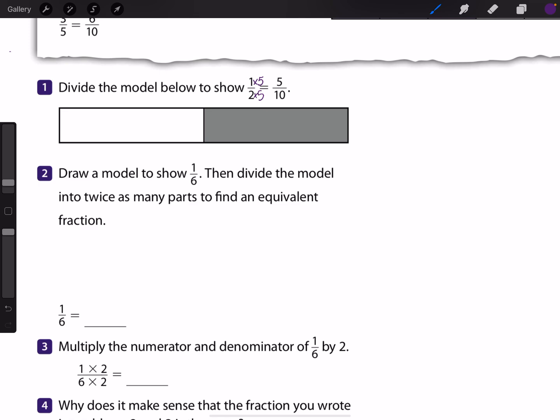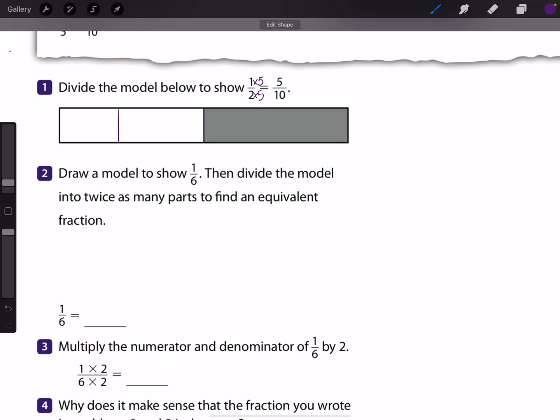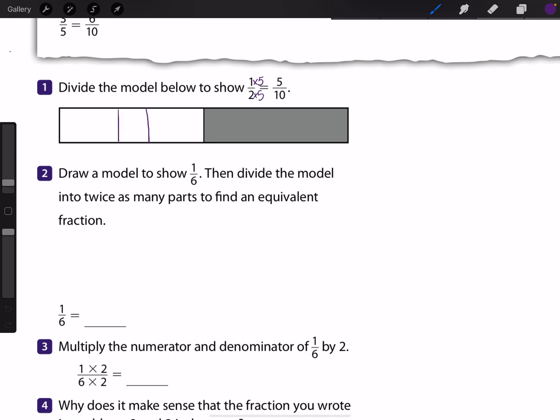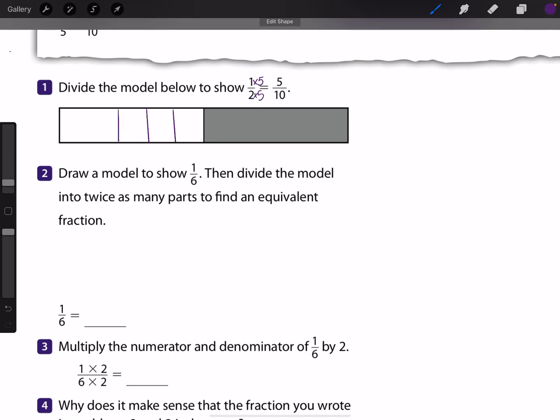So let's see. I'm trying to think. So we have the two sides. Each side needs to have 5. Oh my goodness, this is a little hard. Each side needs to have 1, 2, 3, 4 lines.